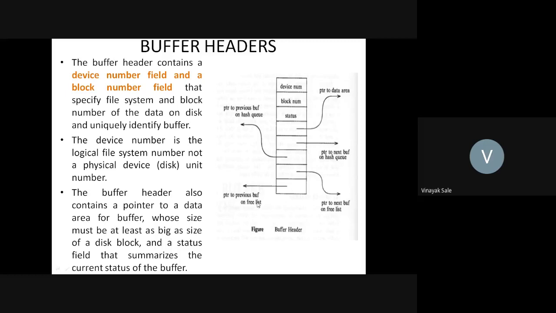And the last pointer is the pointer to the previous buffer on the free list. So 2 pointers for the free list, 2 pointers for the hash queue, which are for previous and next, and the remaining 1 pointer to the data area. Did you get it?